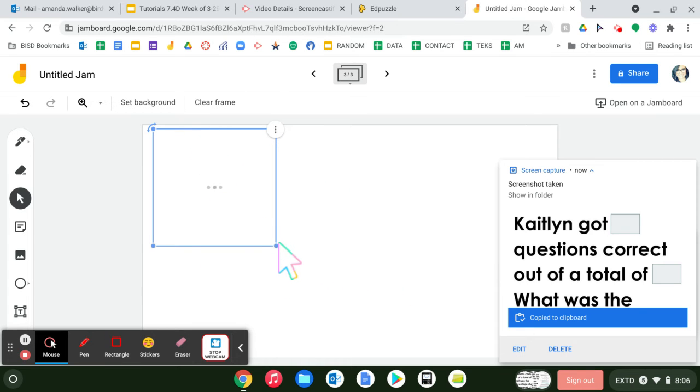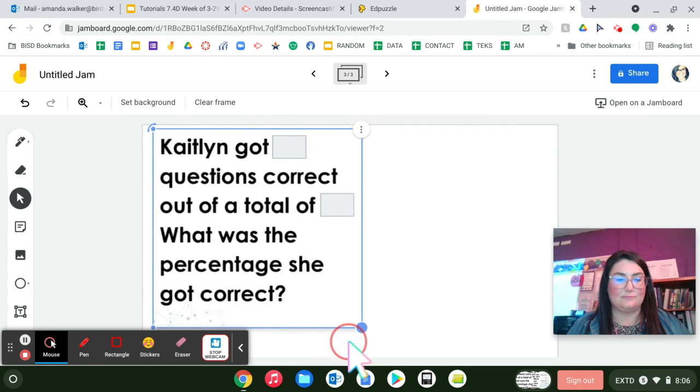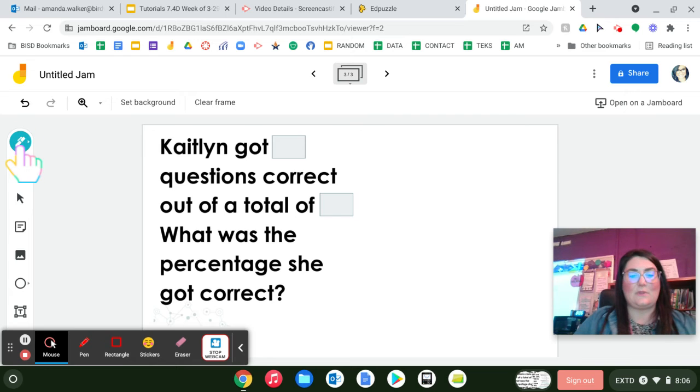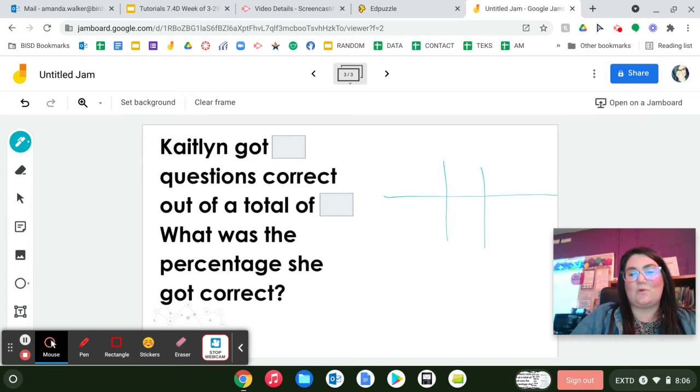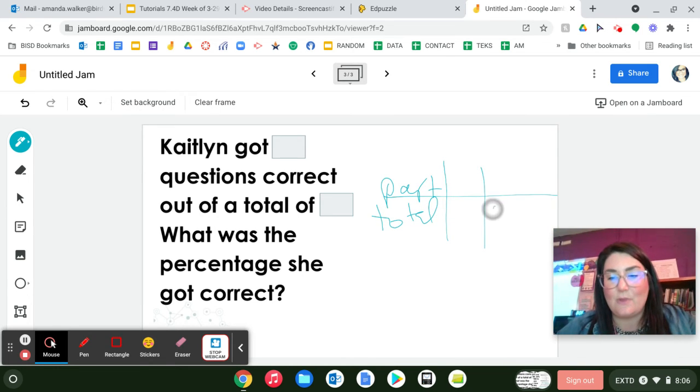Again, we're working with percentages and proportions. So that already tells me that my units are going to be part and total. My total percentage is 100%.